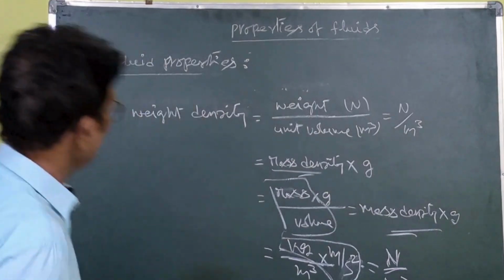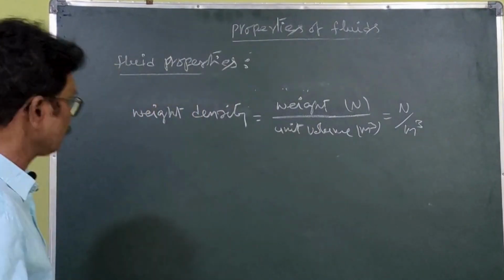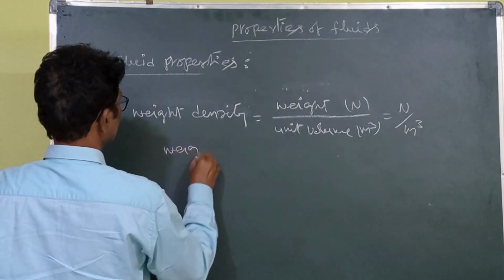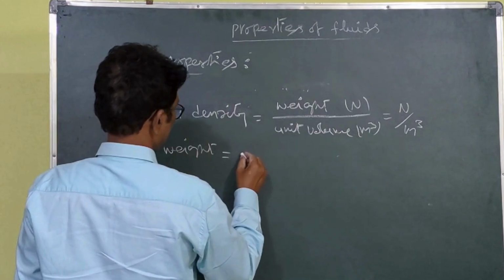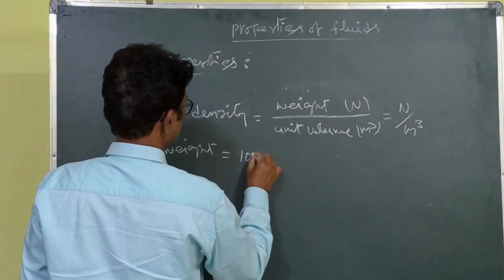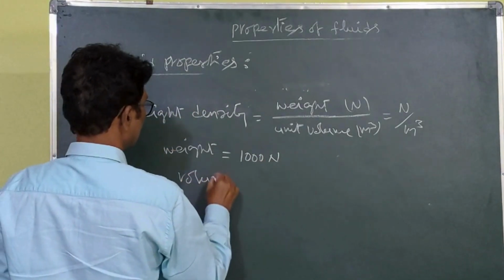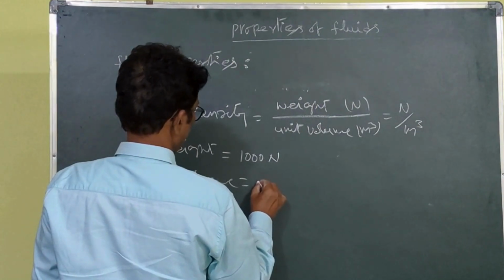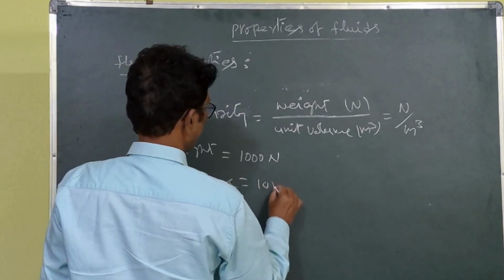If you take one model, suppose weight is equal to 1000 newtons and volume is equal to 10 meter cube.